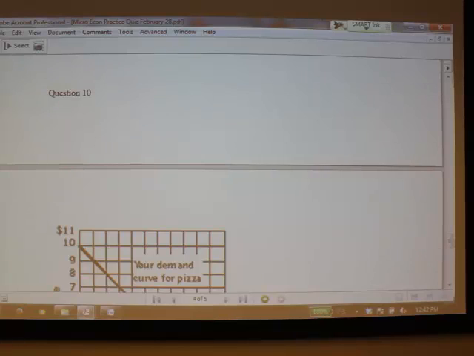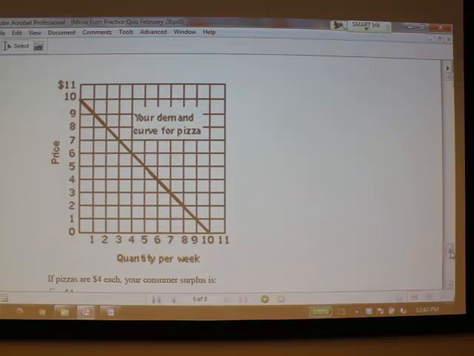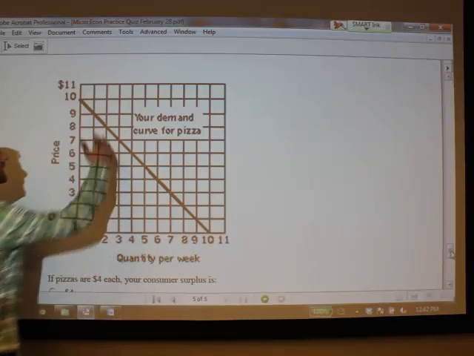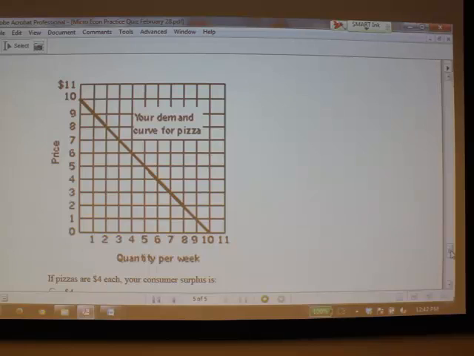Okay, last question. If pizzas are $4 each, your consumer surplus is? Again, consumer surplus is the area below the demand and above the price. And we're saying the price is $4. So what is the area of this triangle?